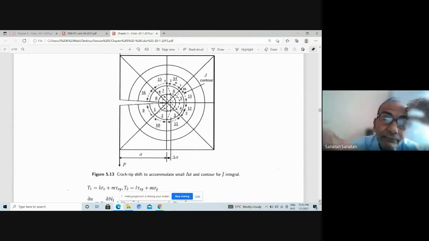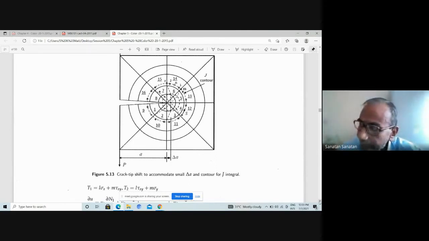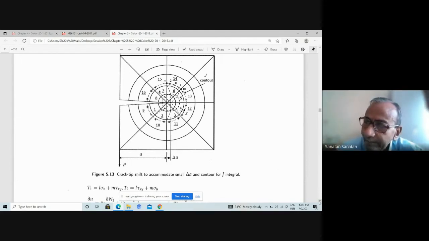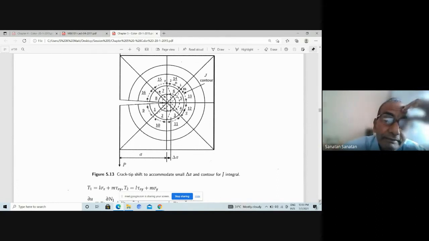So if I want to evaluate the total value of J from the bottom point to the top point, I can evaluate the value of this J integral at the Gauss point, which corresponds to half the span of the element. If you take element number 9, then the Gauss point at the top gives the approximate value valid for the half element till the middle by the value at this Gauss point.